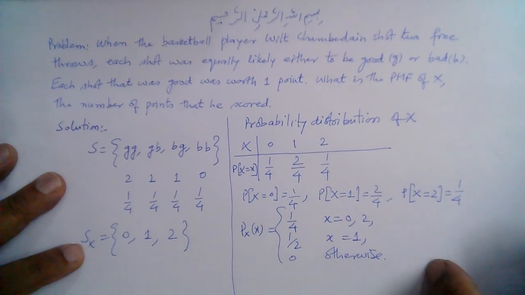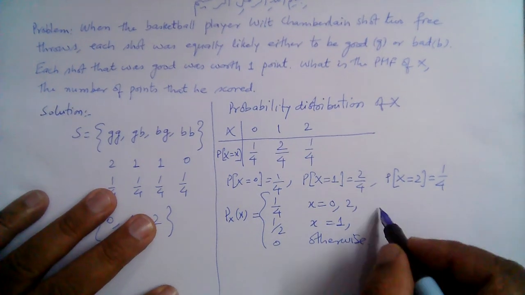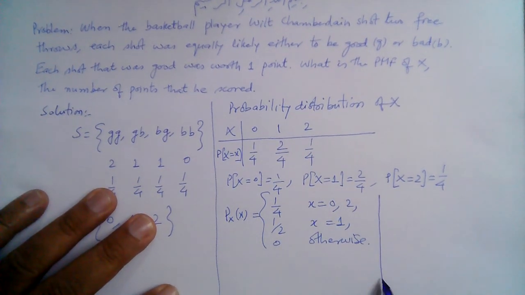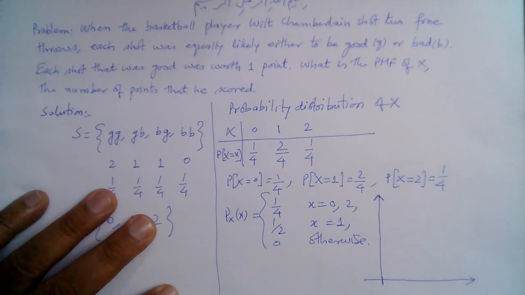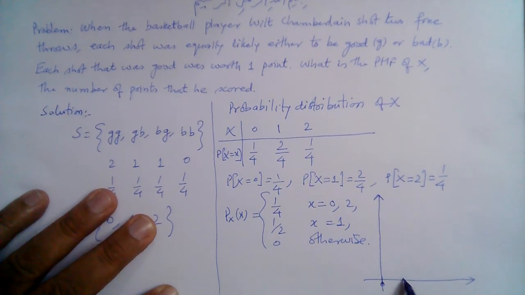We can also draw this probability mass function. For example, it can take on values 0, 1, and 2.